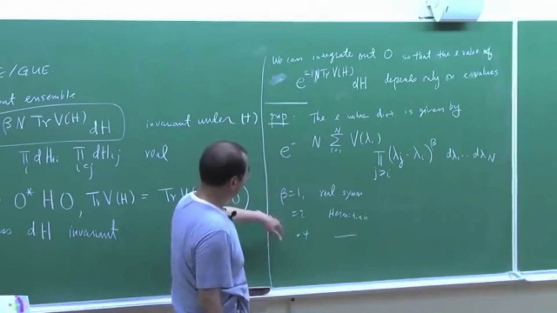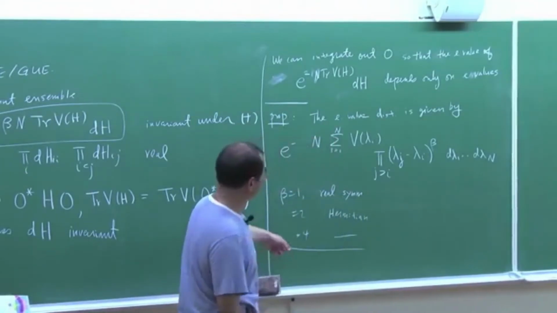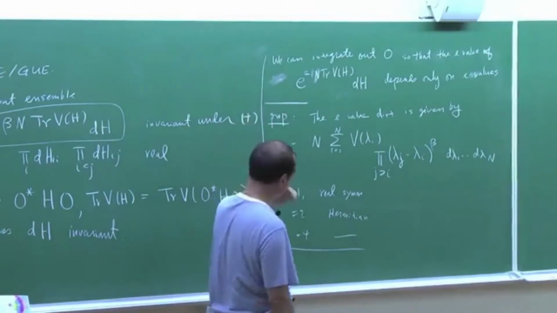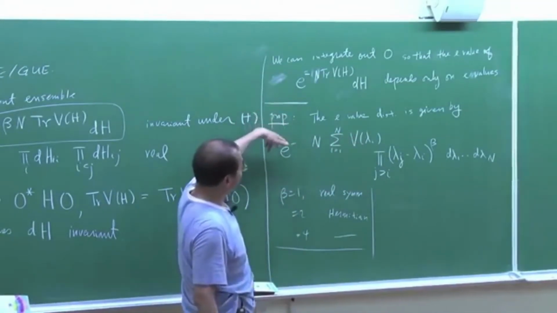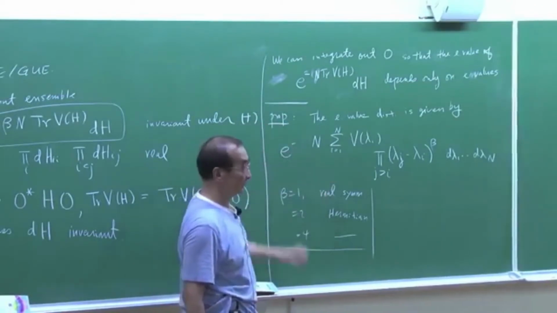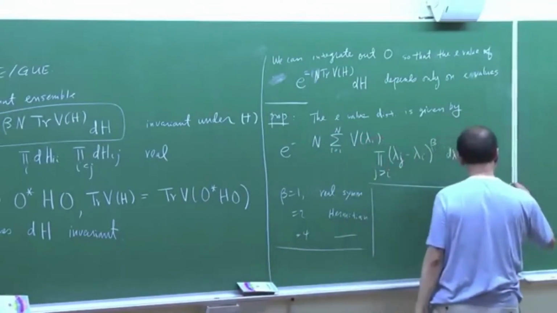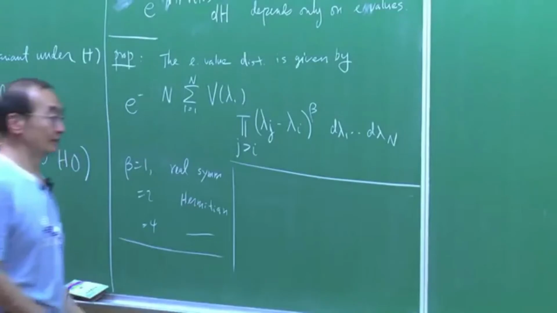We don't do the quaternion case very much because in applications it's mostly beta 1 and 2. So the eigenvalue distribution is explicitly given by this formula. Let's try to give a proof.